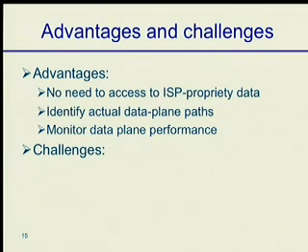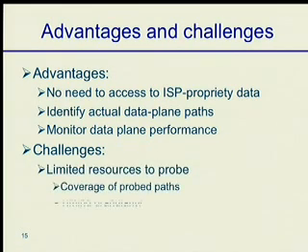And sometimes the forwarding path has changed, but BGP routes are not affected. And also we can monitor the data plane performance using a very coarse-grained metric, for example, loss rate. By doing end-host-based probing, we can gather such information.